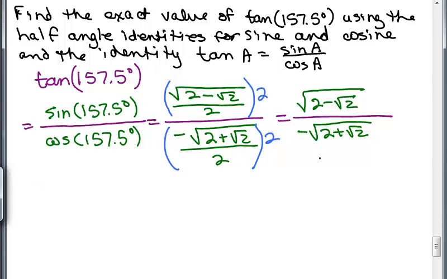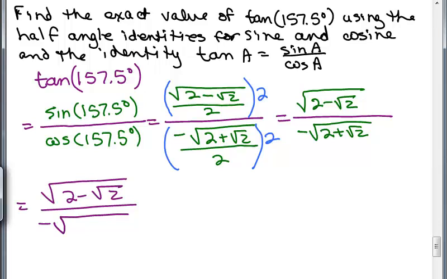I had this square root of 2 minus square root of 2 in the numerator, and I had this negative square root of 2 plus square root of 2 in the denominator. Another way of doing this is simply putting the minus sign up in front of the fraction bar. Okay, that's probably even easier.